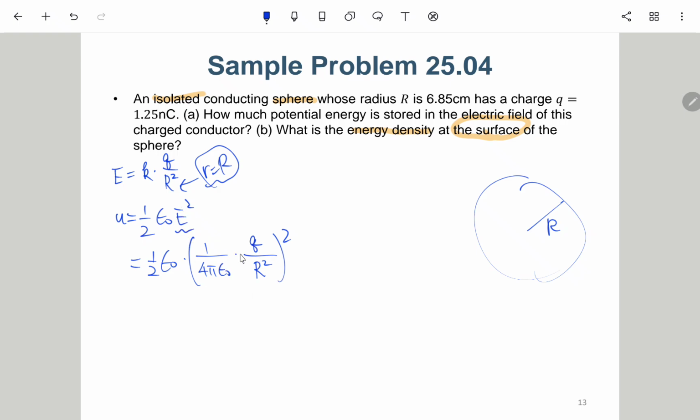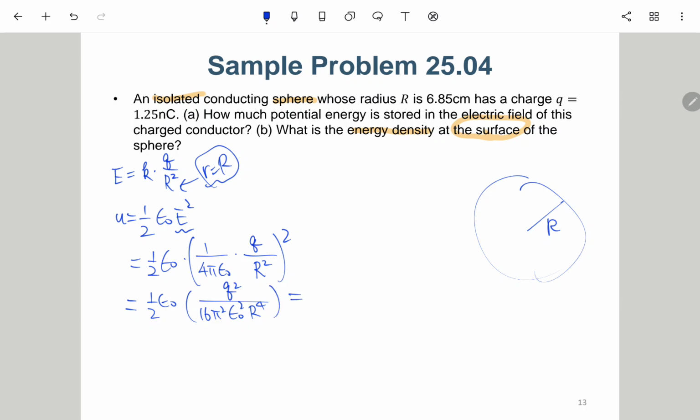So this whole thing is E, and then we take the square of this whole thing and then multiply by epsilon naught over 2. So altogether we have a 1/2 epsilon naught, and then we have a 16 pi square epsilon naught square, and then R to the 4th power, and then here we have Q square on the top, like this.